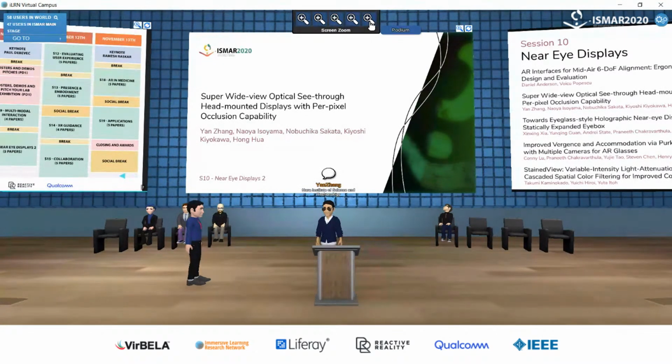So now we are working on designing a new structure that can eliminate the viewpoint shift entirely. In the first step, we plan to add an extra lens pair into this system before the second ellipsoid mirror, so that we can expand the light path.